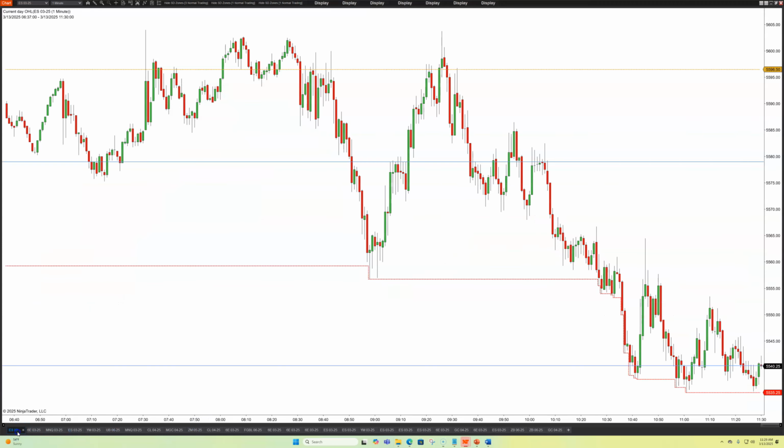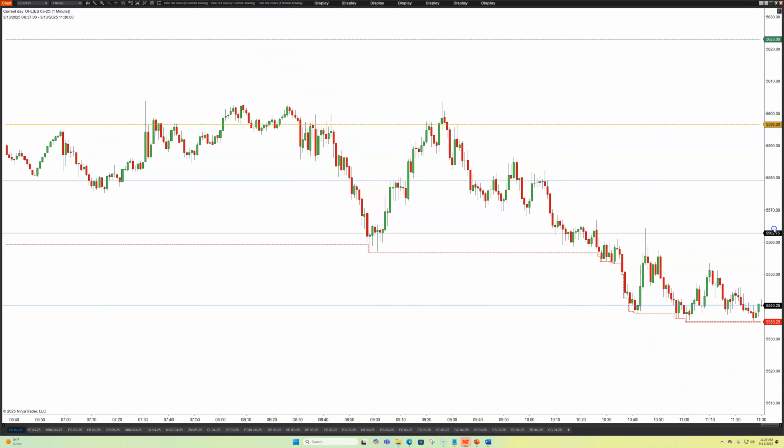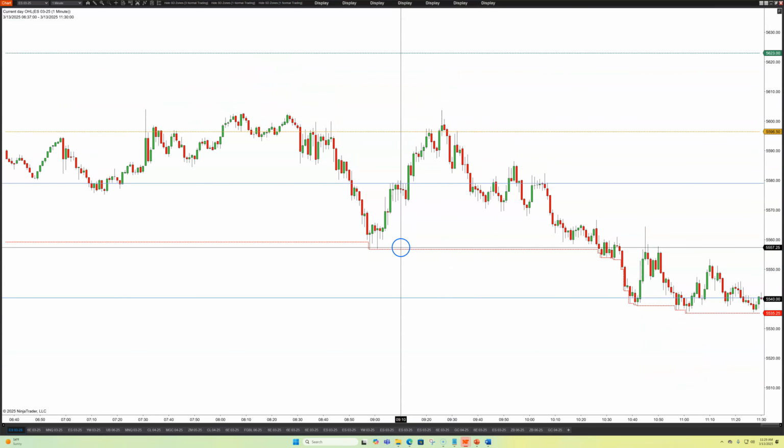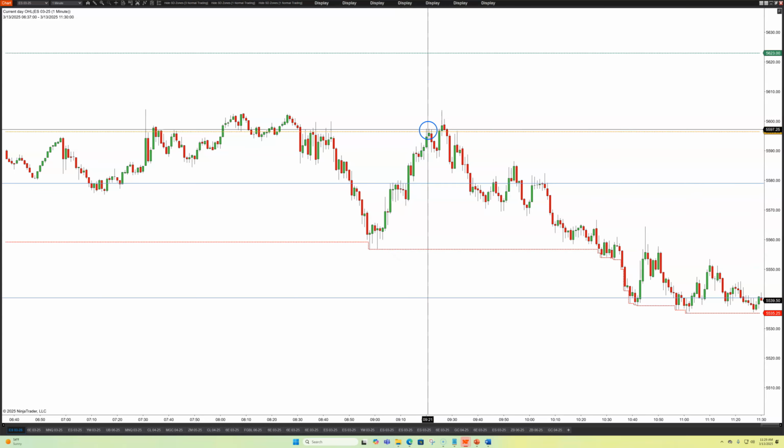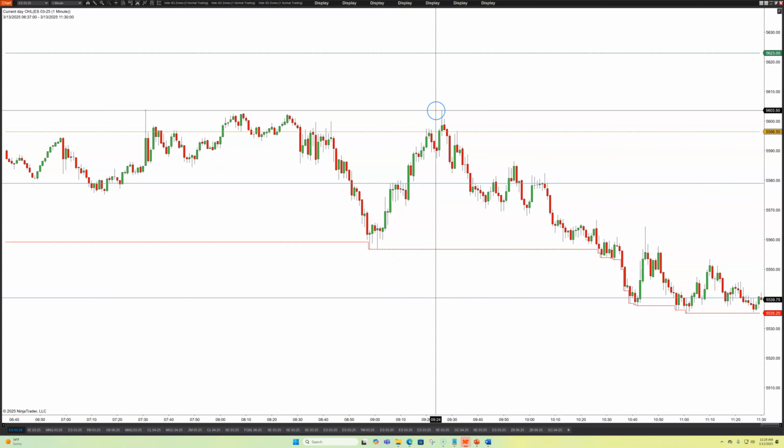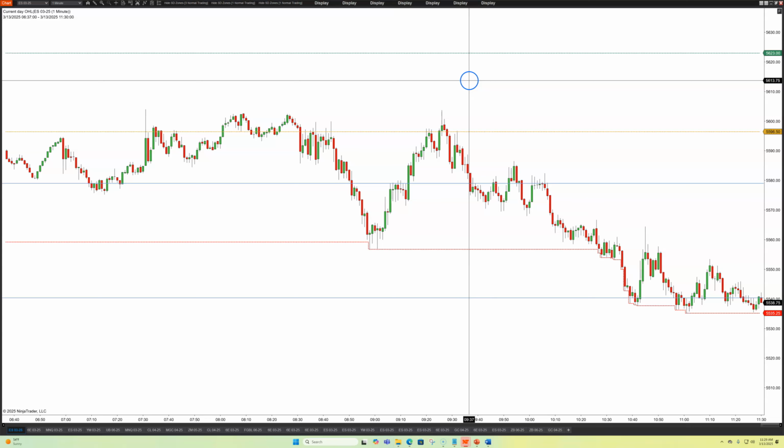You see, this is just a simple 1-minute chart in the S&Ps, and today, since the cash opened, we made a low, rallied back up, not to our highs, but a nice move from 56 all the way up to above 5,600. That's a 50-point move.